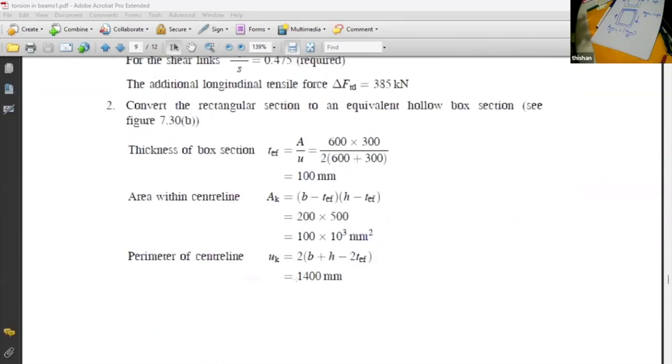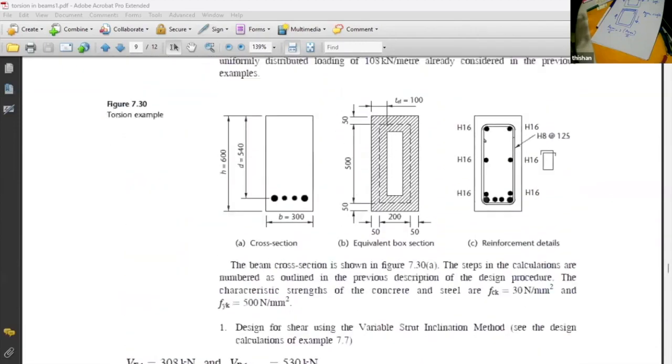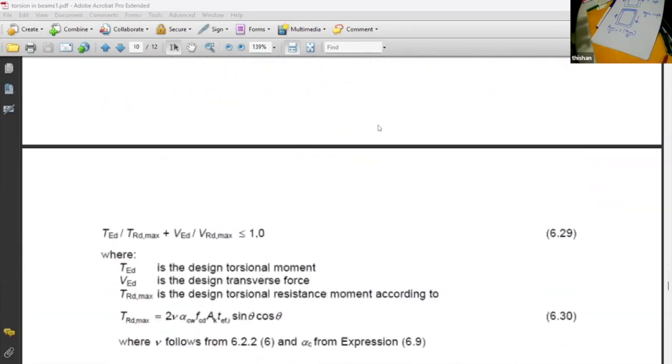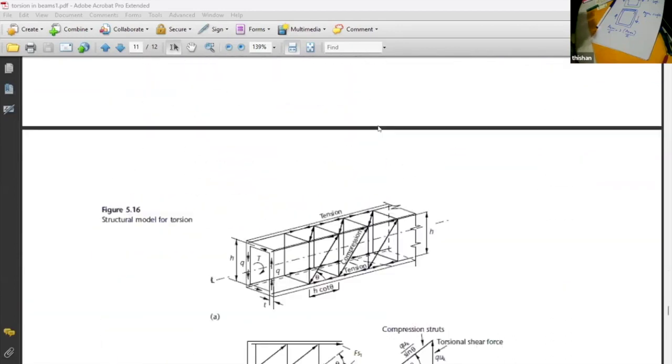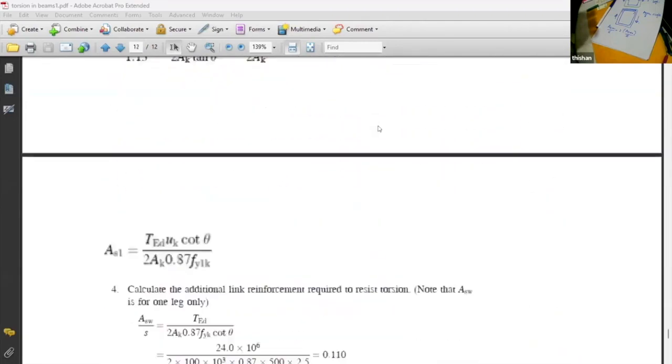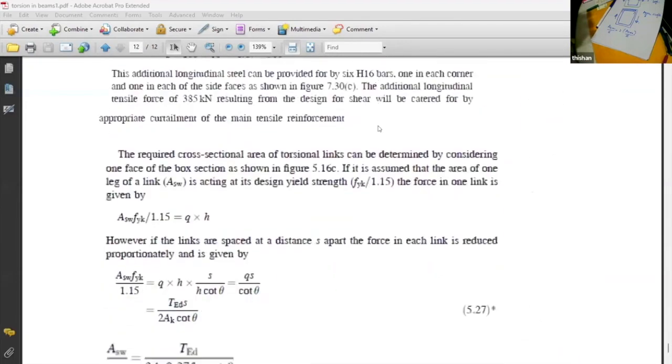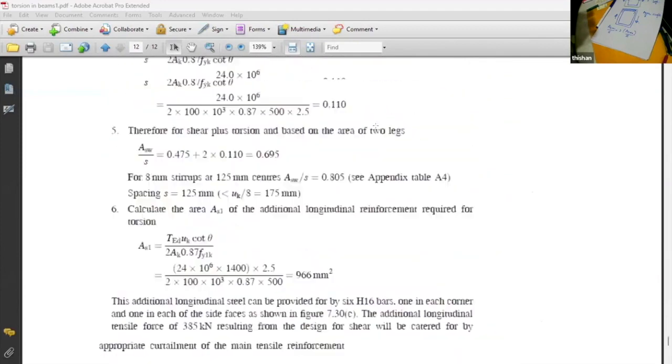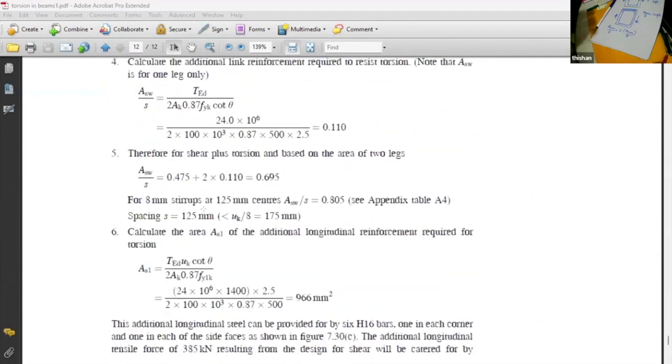UK means 1400. UK is the perimeter along the center line. So you get 1400 divided by 8. This also should be checked. What is the value, Bandhuka? 175. Yeah, 175. So the link spacing should be less than 175.